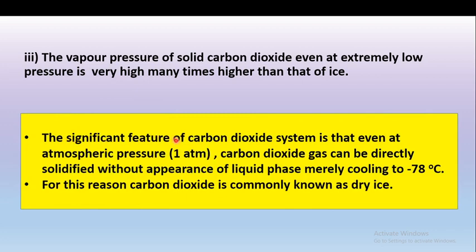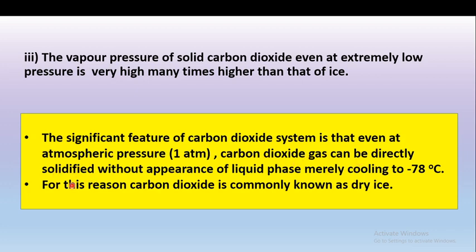The significant feature of the carbon dioxide system is that even at atmospheric pressure, that is 1 atmosphere, carbon dioxide can be directly solidified without appearance of a liquid phase, merely by cooling to minus 78 degrees Celsius. When carbon dioxide is at atmospheric pressure, the gas can be directly solidified.